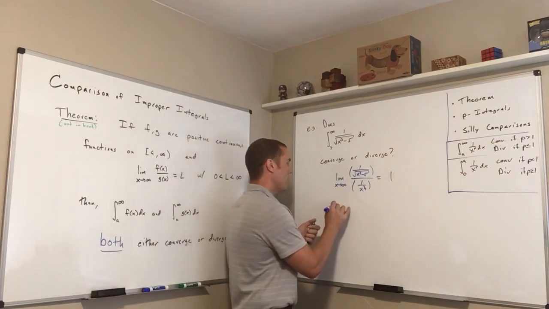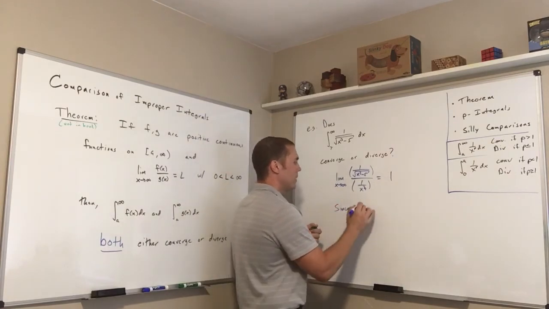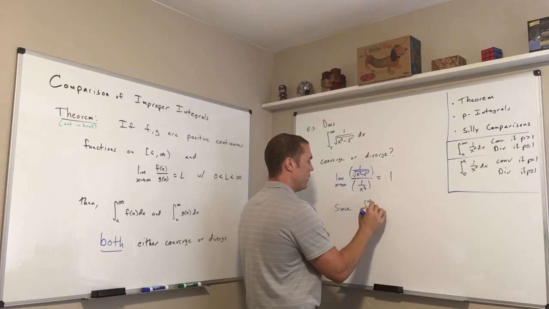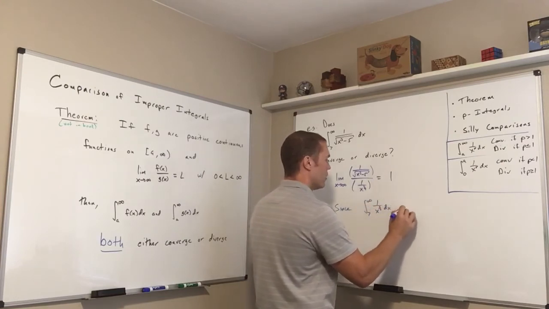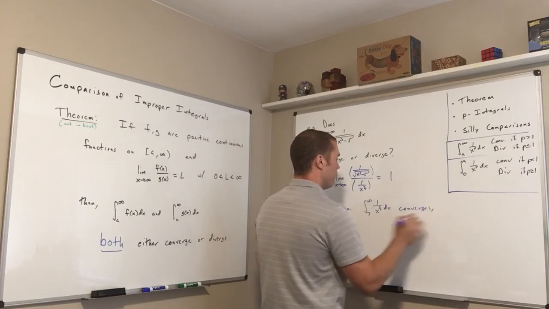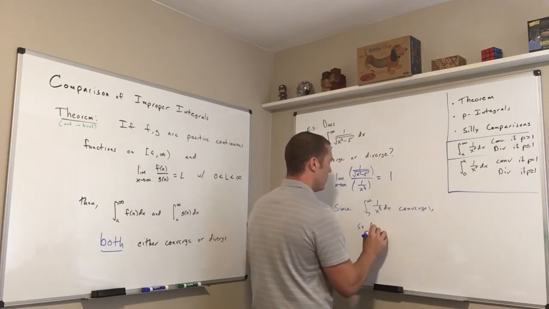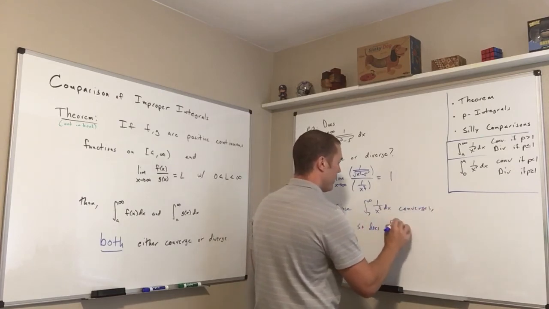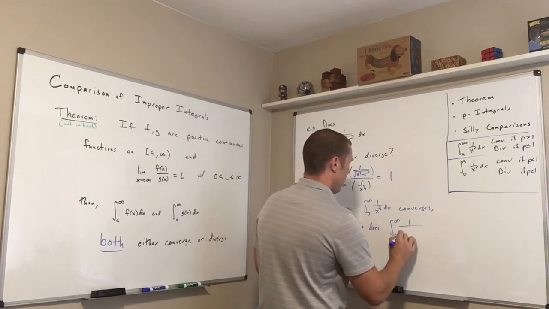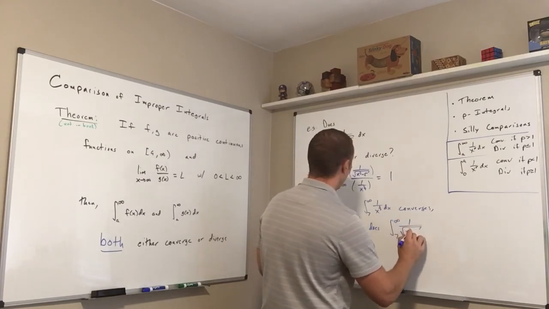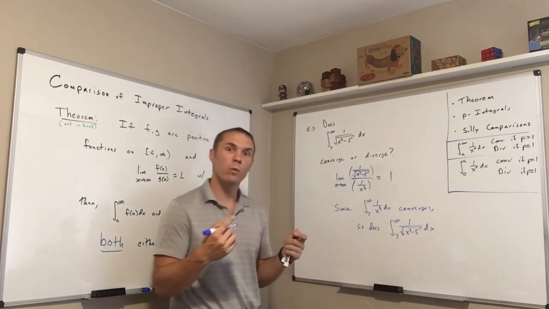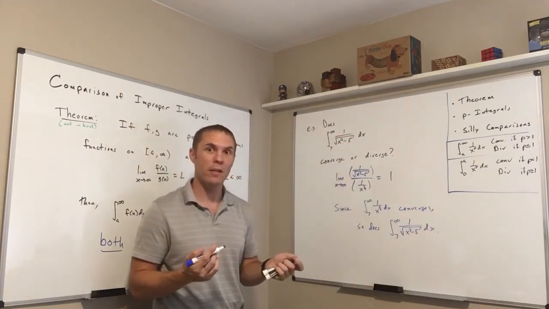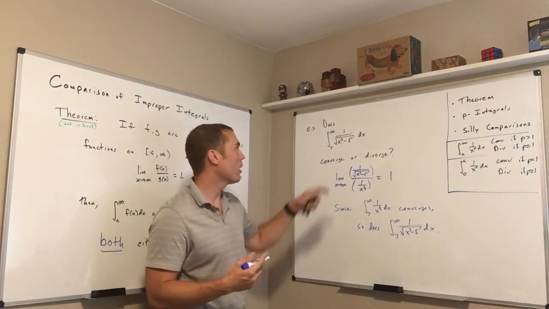And now we say, since the integral from 7 to infinity of 1 over x to the 3 halves dx converges, so does the integral from 7 to infinity of 1 divided by the square root of x cubed minus 5 dx. This notation would work with plus or a minus there, but the one in the book would not work if I had a plus there.